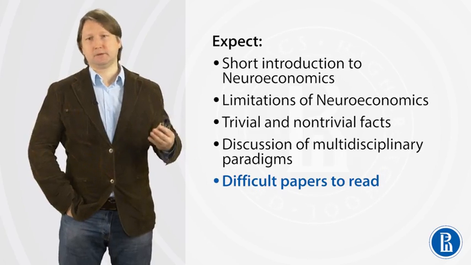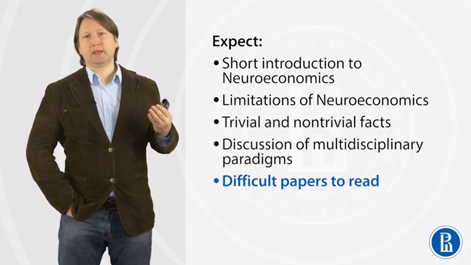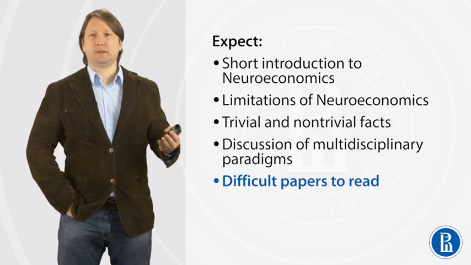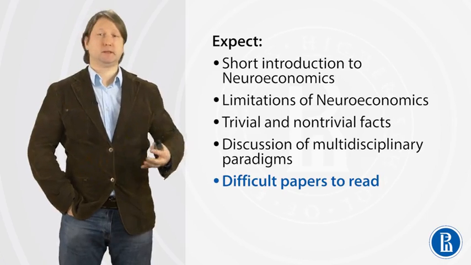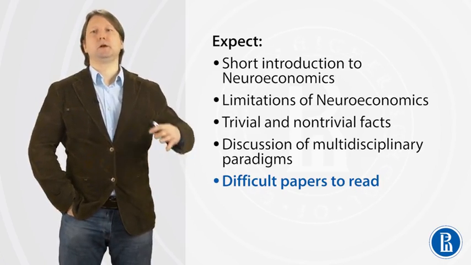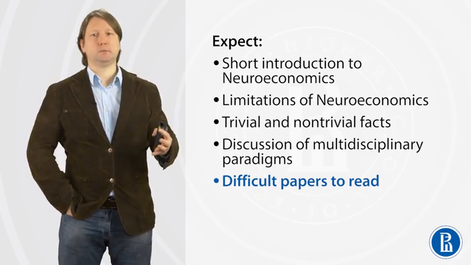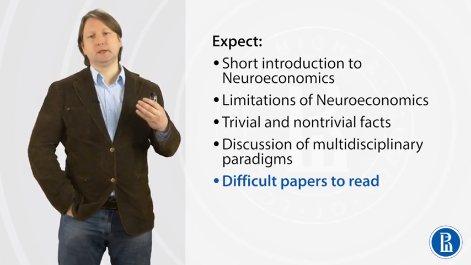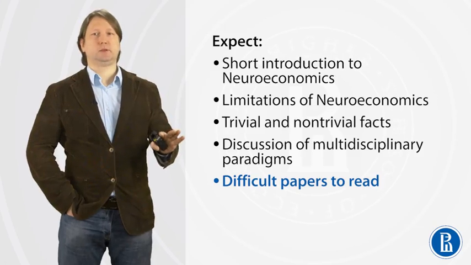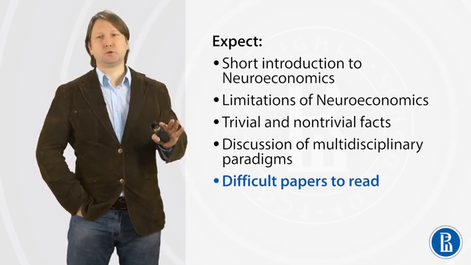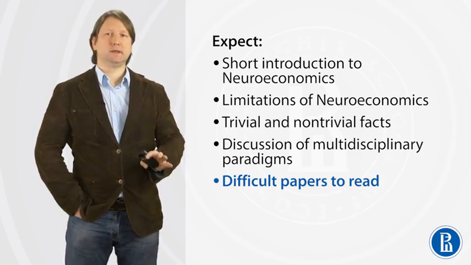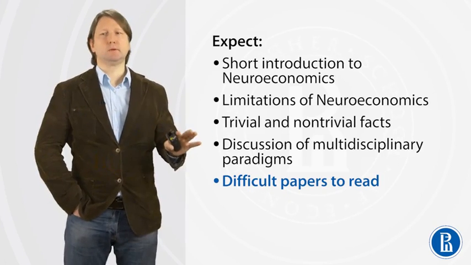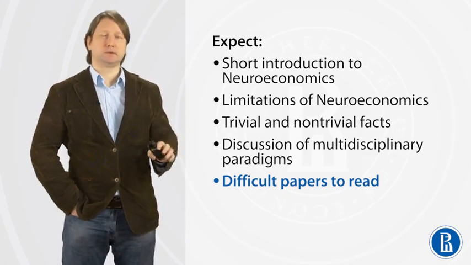This is a very young field, so right now it doesn't have a unified theory, but it has a lot of different concepts that in the future, perhaps, will be organized into a unified theory of human behavior. We will not discuss all aspects of neuroeconomics during this course. Unfortunately, because this field is very young, there is no single easy-to-read handbook. So be prepared to read quite complex papers.